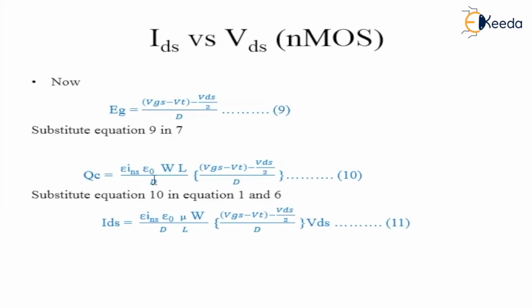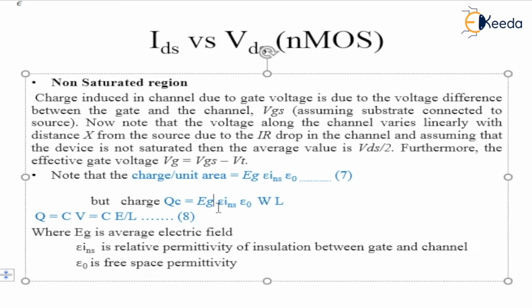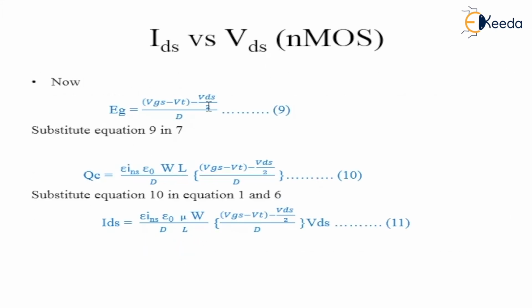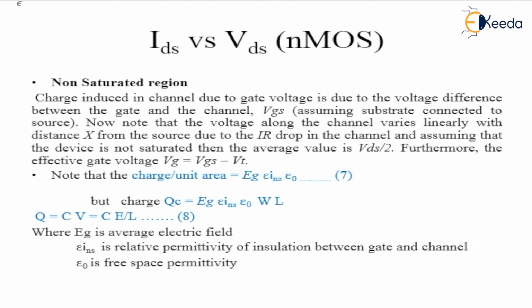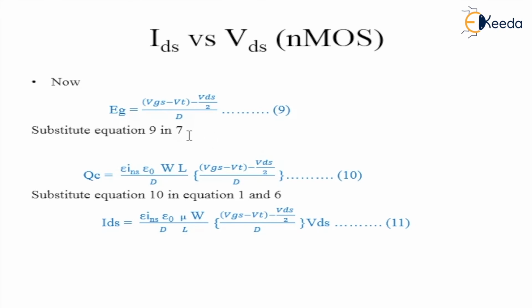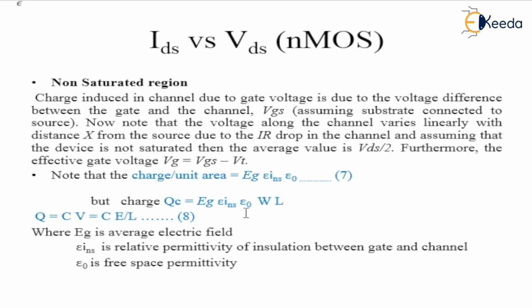QC is equal to epsilon insulating, epsilon free space permittivity, WL by D into VGS minus VT minus VDS by 2. Sorry, substituting equation 9 in equation number 8, this one.